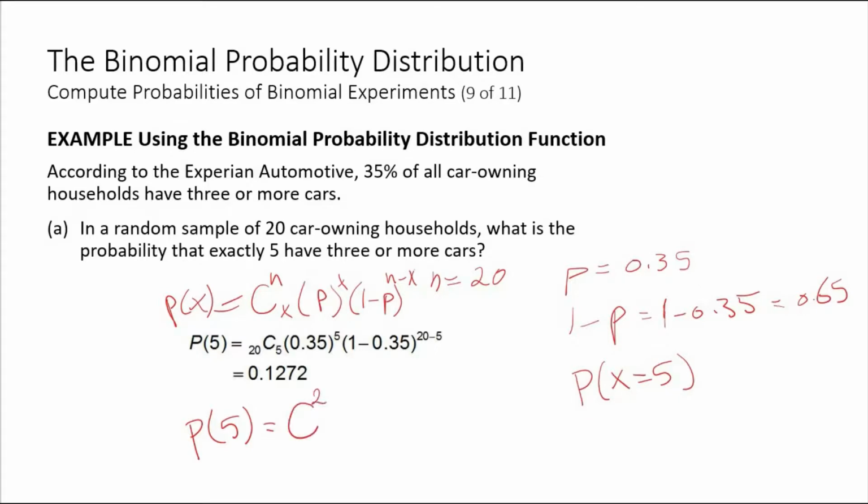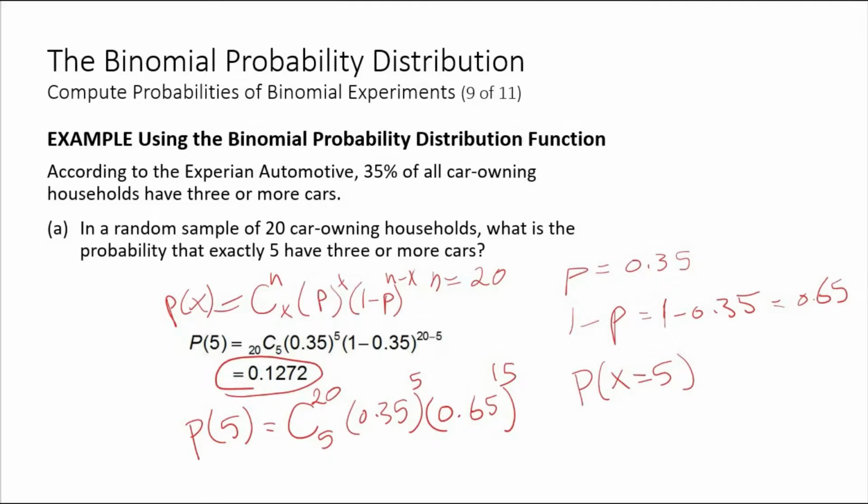We will get 20 choose 5 times 0.35 raised to the 5th power times the probability of failure, which is 0.65 raised to the 20 minus 5, which is 15. Then you compute that on Excel or using your calculator, and you will end up getting this number.